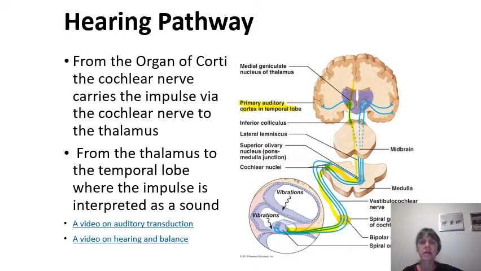So the auditory association cortex will give us meaning to whatever sound we have a sensation about. So if crying is the sensation that we hear, then the auditory association cortex will give us meaning to the type of crying that we're hearing.